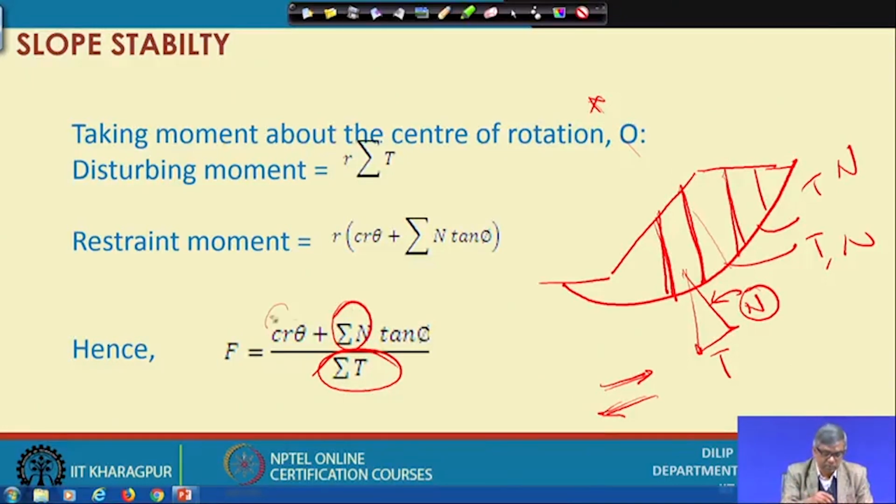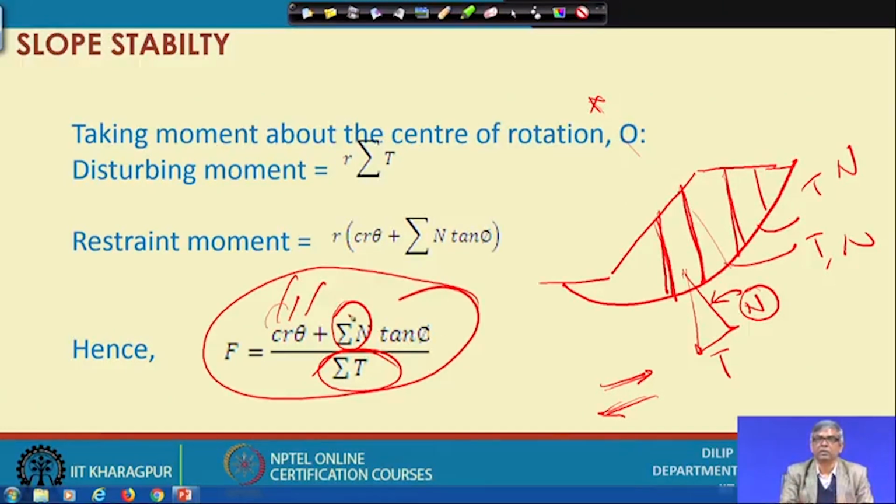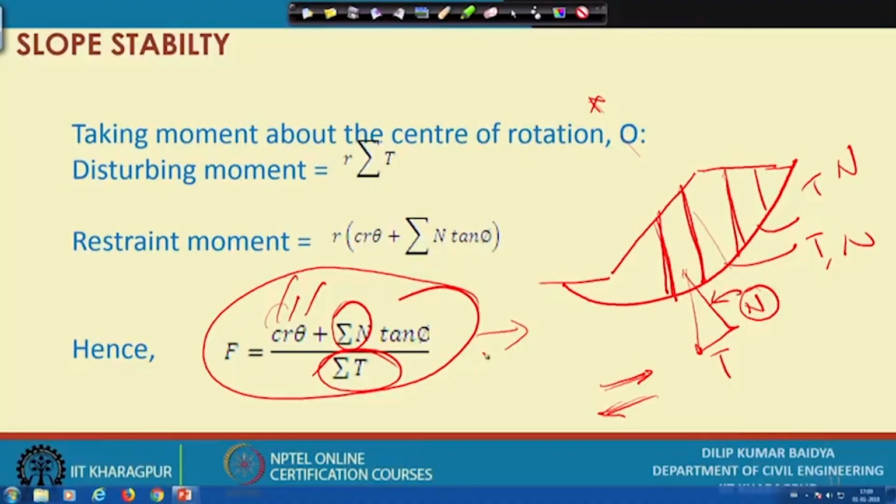If I know the value of C, the value of r and theta, and N and T from each slice, then I will do this calculation to get the final value of factor of safety. This is when soil is partially saturated, when soil possesses both C and phi, and this is the analysis to be done for finding out factor of safety. Okay, I will take some more things in the next module. Thank you.